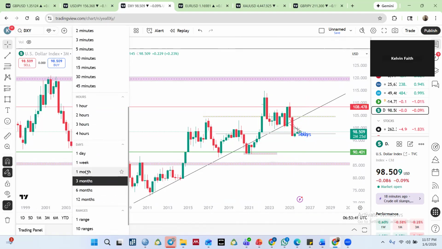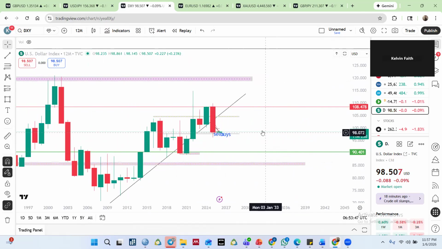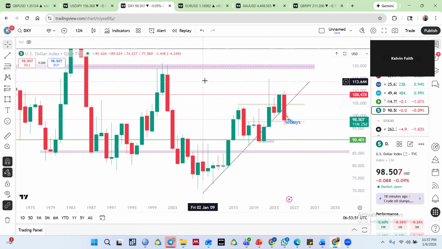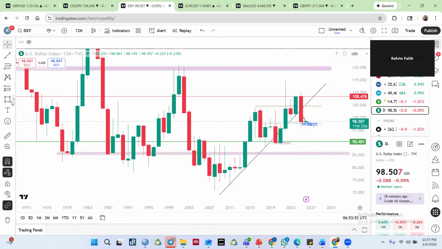Let me scale back to, let's say, okay, and we could see that even from the 12-month time frame, straightforward, this area was kind of a supply zone. We could see a very large displacement of sellers, selling pressure from this area.